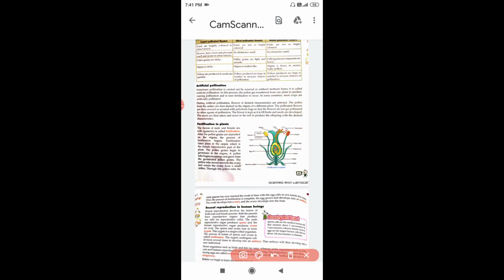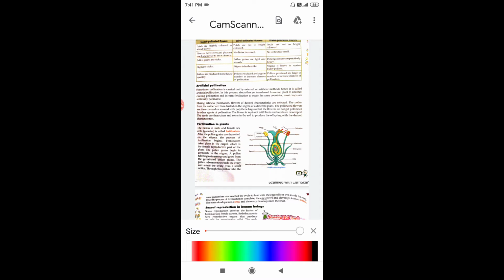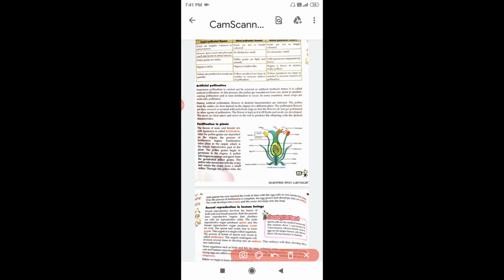So you can see here that the pollens are stuck to the stigma portion. You can see here the pollen is there, and when the pollen is present here, there is a tube in the style, and this pollen enters into the stigma by the style and goes to the egg cell, that is goes in the ovule and fertilizes with the egg cell.